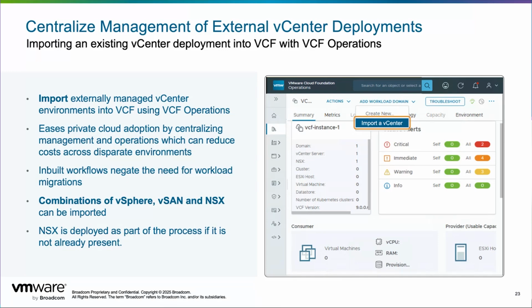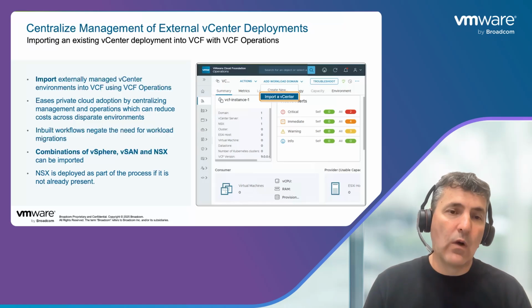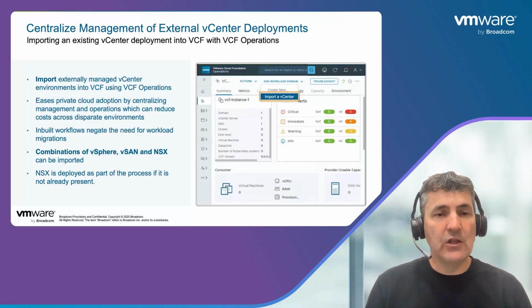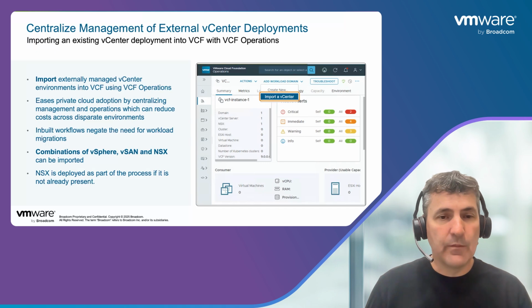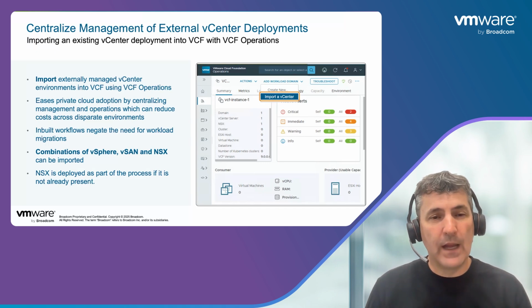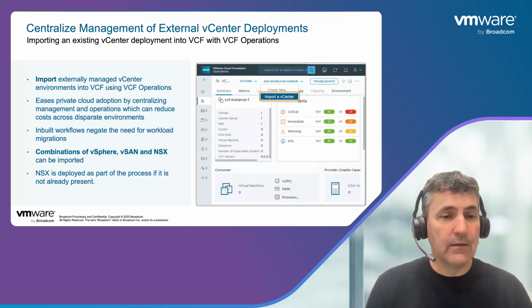But once it passes that, it brings it in, and it will take that existing vSphere environment and convert it into a VCF workload domain where I can now use the capabilities of VCF operations lifecycle management in order to do centralized password management, centralized certificate management. I can do patching and upgrading, as well as scale activities like scale up and scale down and add clusters and do things like that.